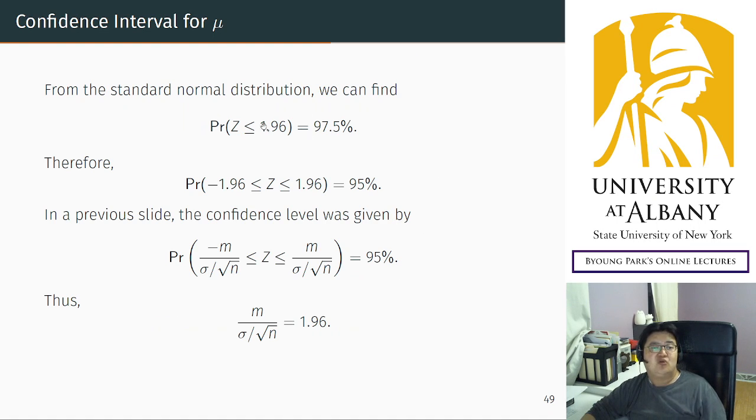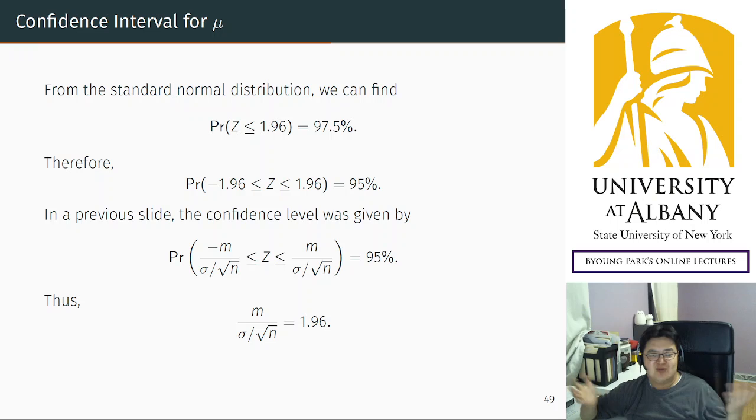If you use a calculator or an Excel table, it will give you approximately 1.96. This number is also very famous, 1.96, approximately 2. Many people who are not familiar with statistics still know plus minus 2. Approximately plus minus 2 is the interval we use.